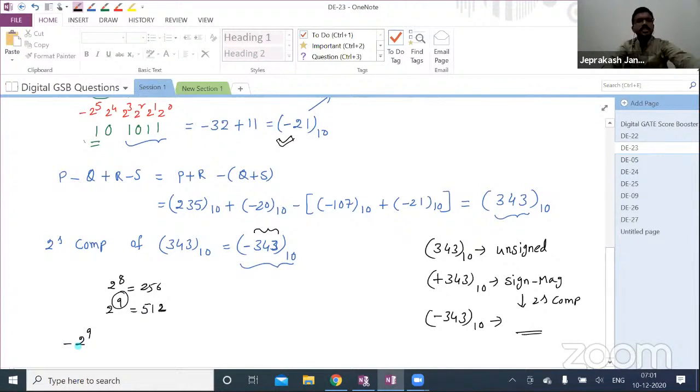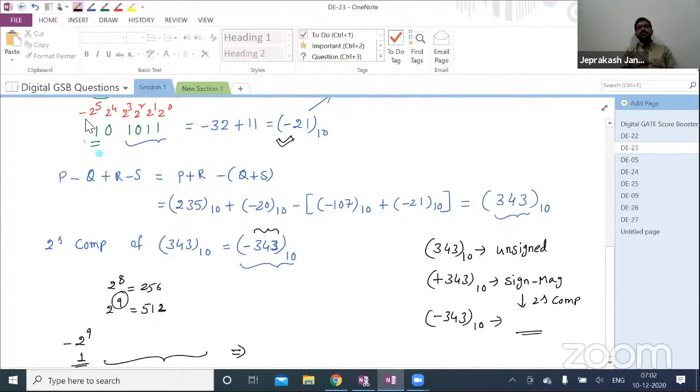So in this case, since the positional weight is 2 power 9, how many total bits will you be having? For representing this particular number, how many total bits do you require?